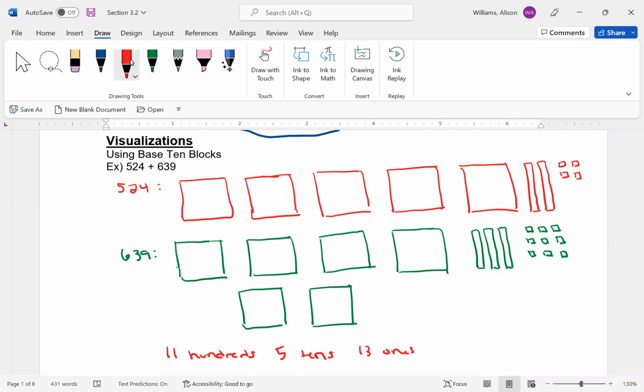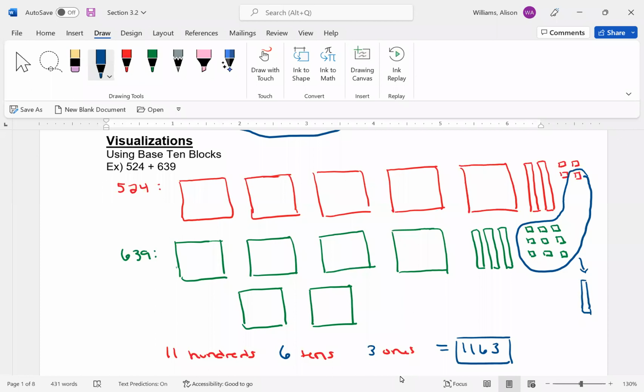The reason is there is that concept of regrouping where, because we have 13 ones, instead of doing 13 single squares, we can trade 10 of them, 10 of these, to become one single rectangle. So that then changes this to be 6 tens. And now I only have 3 ones left over. So my answer is 1163.